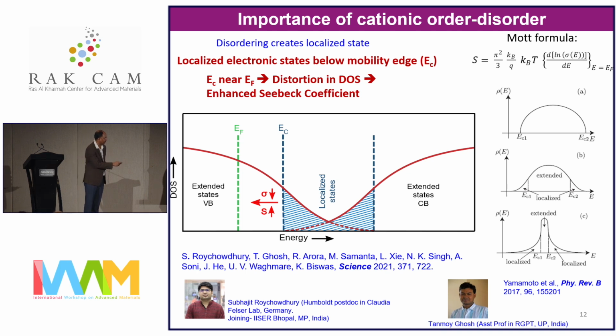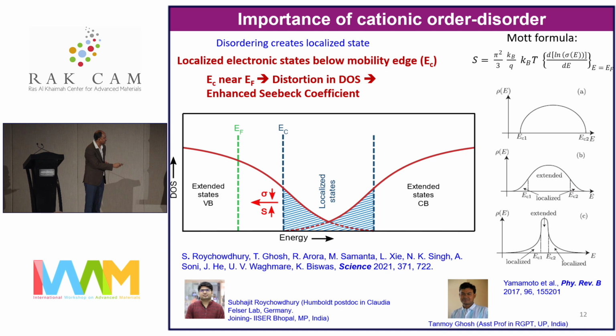Now, if you see the electronic structure, the Seebeck coefficient is derived by the Mott formula, where S is directly proportional to the first derivative of the density of states at the Fermi level. The first derivative is nothing but the slope. That means if you can distort the electronic states at the Fermi level, you can get a huge jump in the Seebeck coefficient.